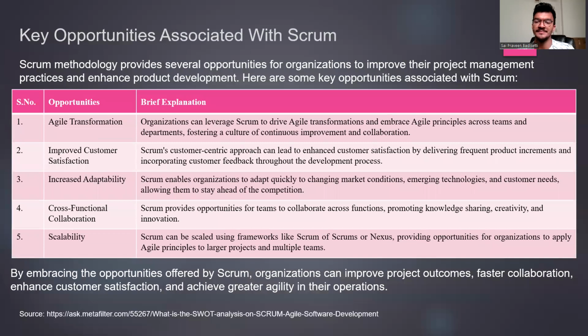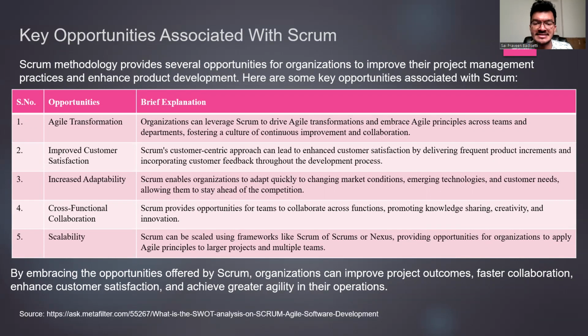Now, opportunities. Scrum can help organizations become more agile by adopting its practices and principles. This promotes a culture of ongoing improvement and teamwork across different teams and departments. Scrum focuses on making customers happy by delivering frequent updates and listening to their feedback.